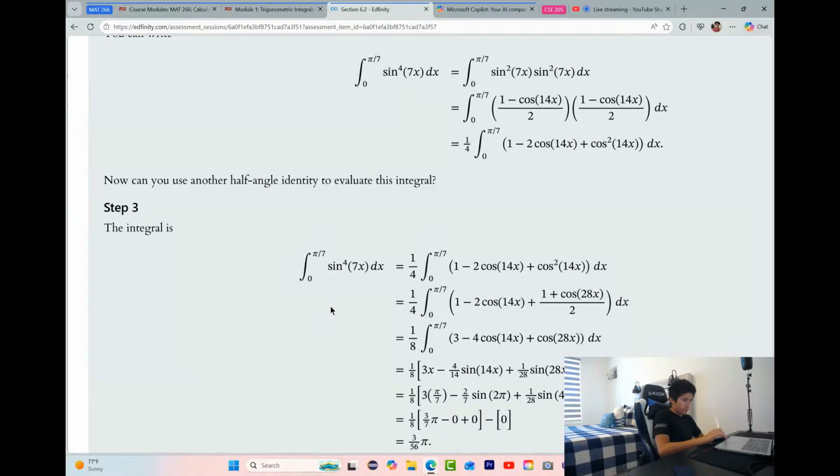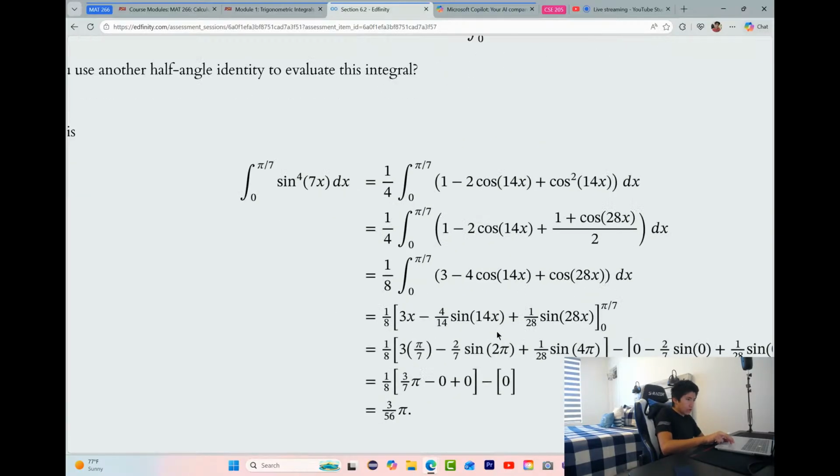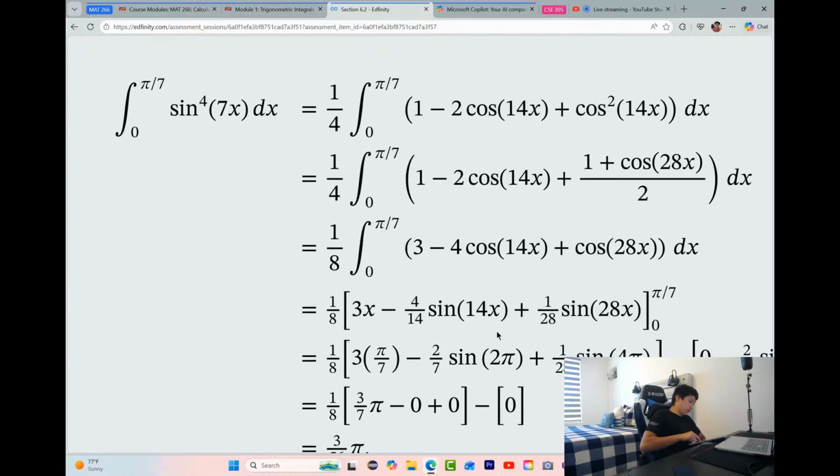What am I doing here? Oh, right. So now we don't have any squares.